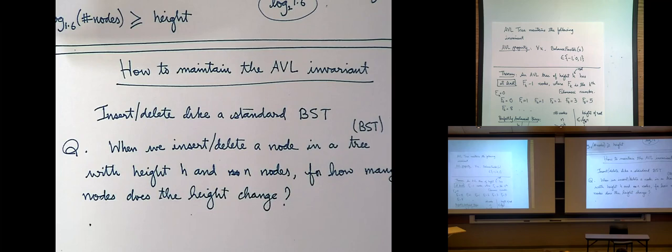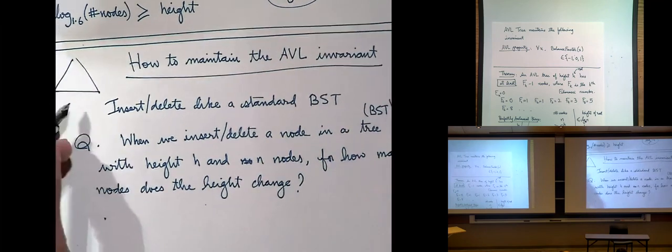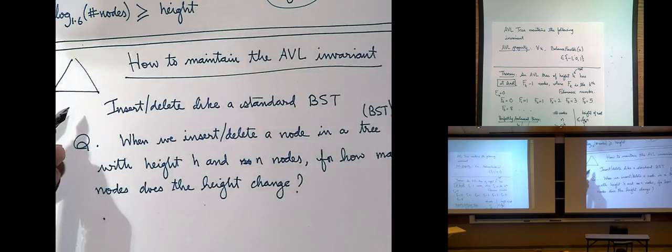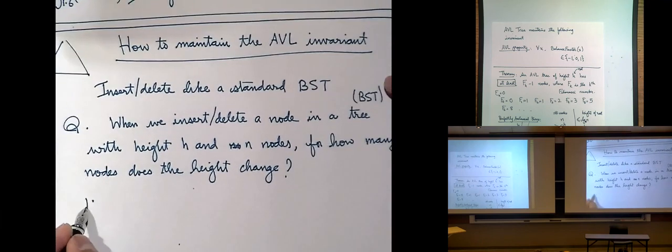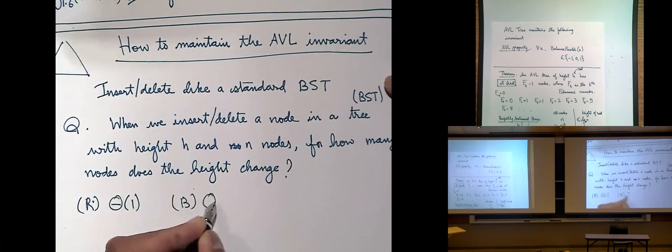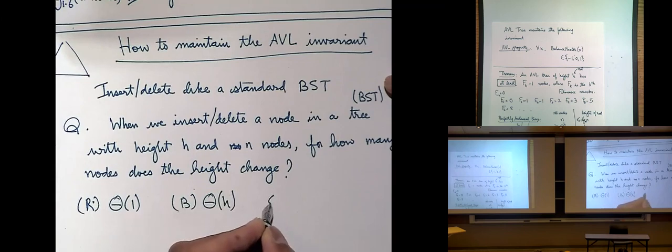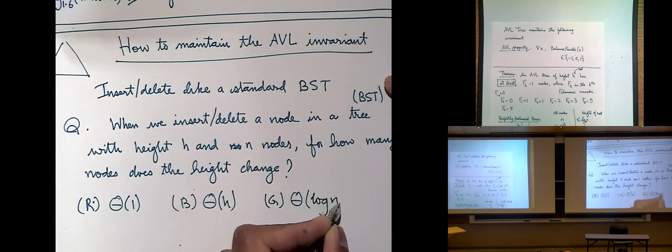This makes sense. So I have some binary search tree. I went ahead and I inserted. For how many nodes does the height change? Theta of 1, theta of h, theta of log n.